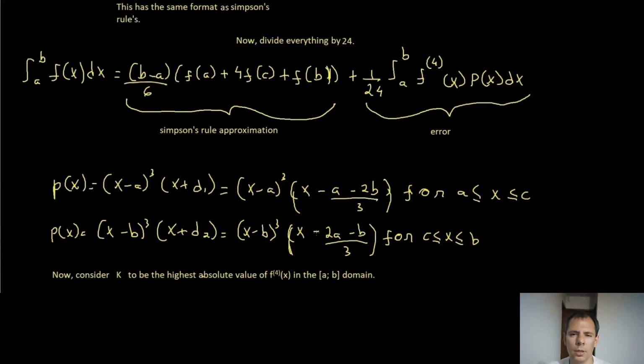So far, everything that we've done is just for a one-two interval set, but at this part of the formula, when I say from a to b domain, it's the whole thing. It's from x0 all the way to xn.